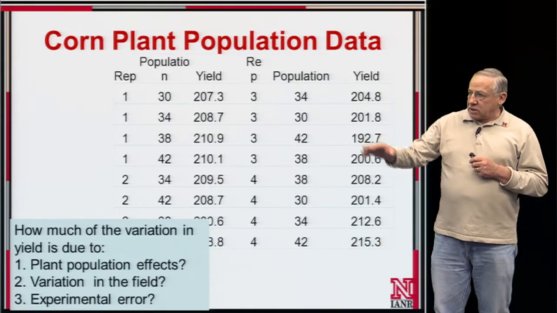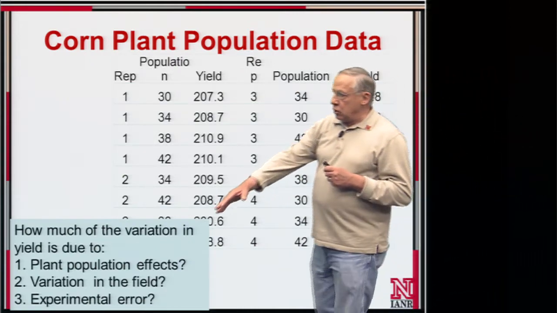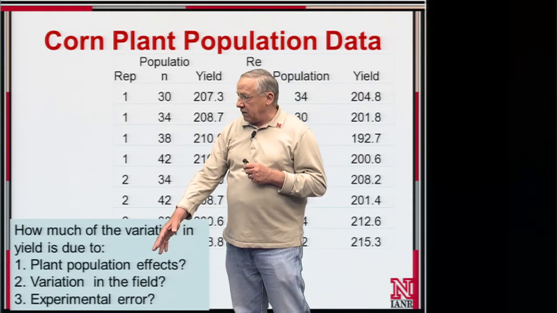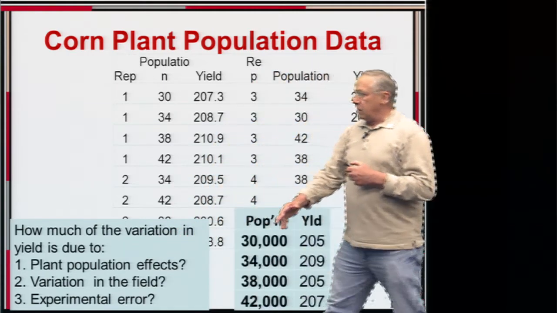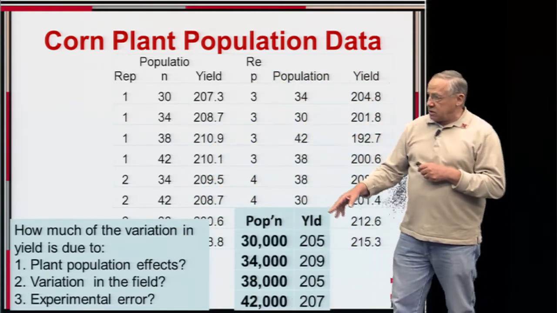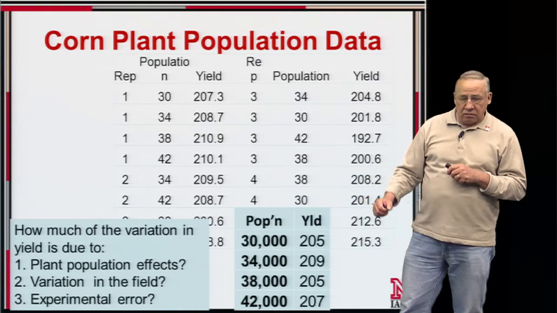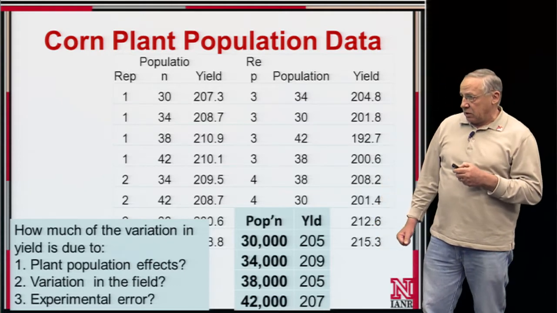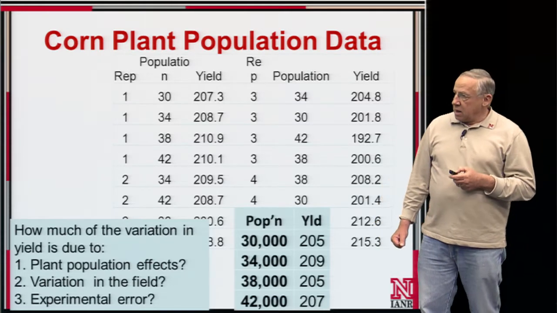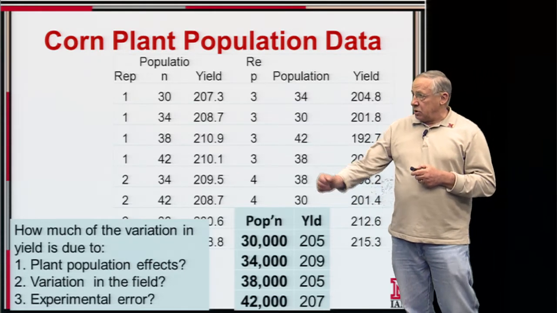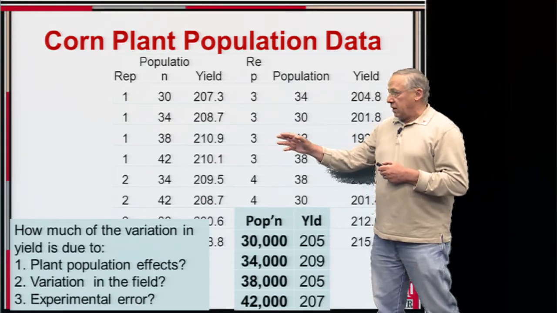We want to know how much of that variation is due to the plant population effects. Here we see that there is some difference due to plant population, with a relatively higher observed yield with 34,000 plants than with the other plant populations. But some of the variation may be due to variation in the field.